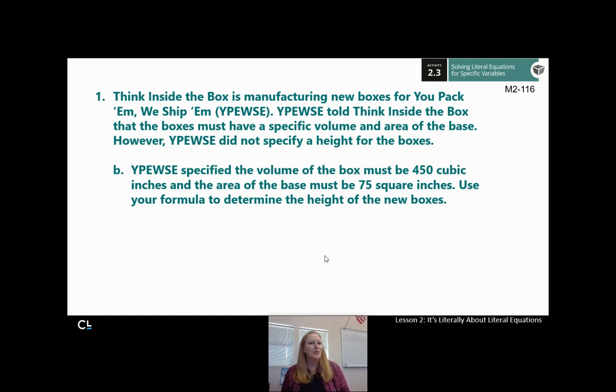So you just solved that volume formula for your height, didn't you? So use that formula that you just came up with on that last problem, plug in your volume, plug in the area of your base, and then determine the height of the new box. You might want a calculator handy. Go ahead and hit pause, see what you can do with this, and then hit play when you're ready to check your work.